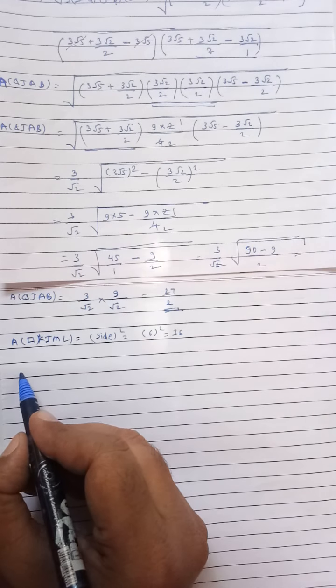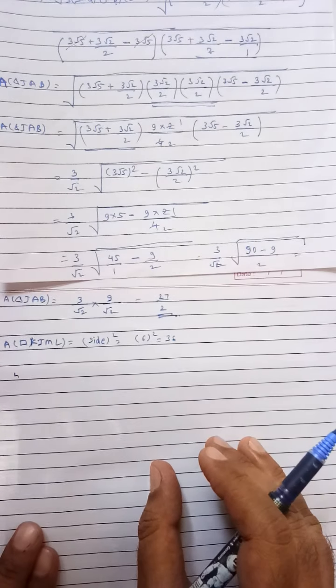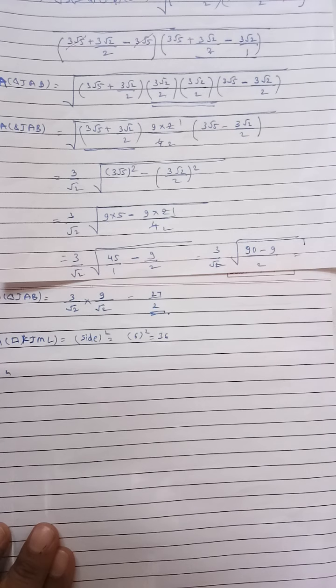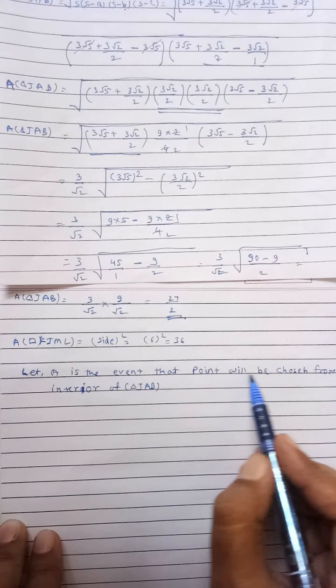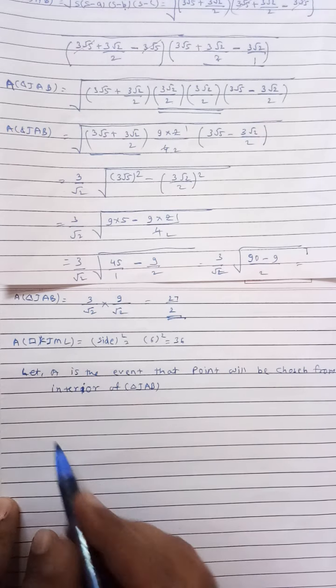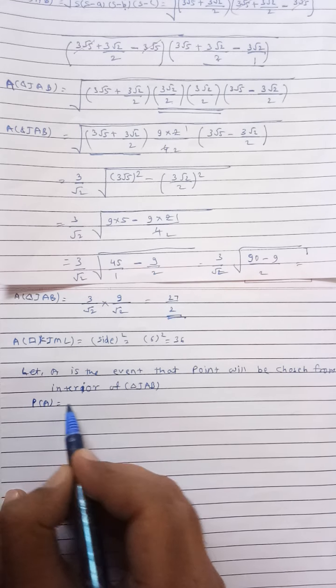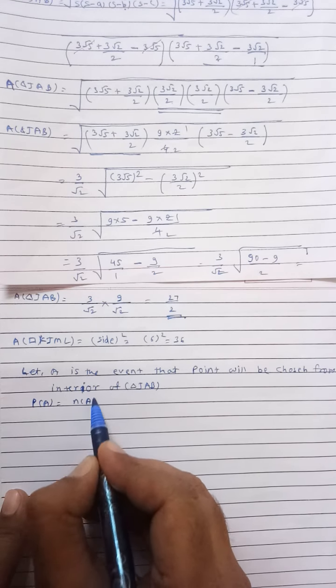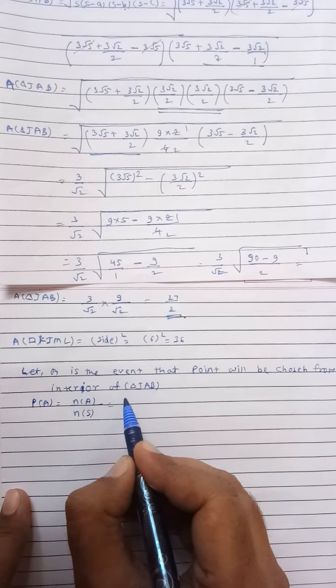Then probability. Let A be the event that the point is in the triangle. A is the event that the point will be chosen from the interior of triangle JAB. Then probability of event A is equal to number of A events upon number of sample points. What is the number of A events?